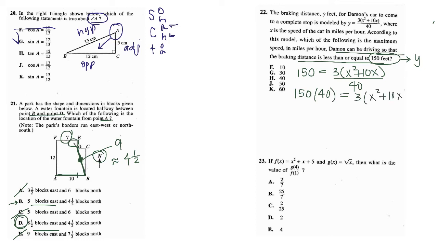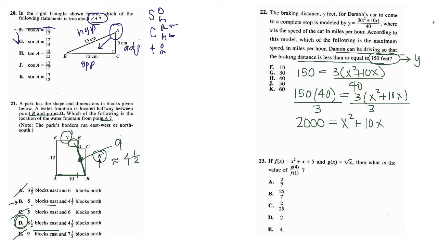I would not distribute the 3. Let's divide both sides by 3. We can do some of the calculator work here, though I wouldn't do a tremendous amount. You have 150 times 40 divided by 3, so that gives you 2,000 equals x squared plus 10x.